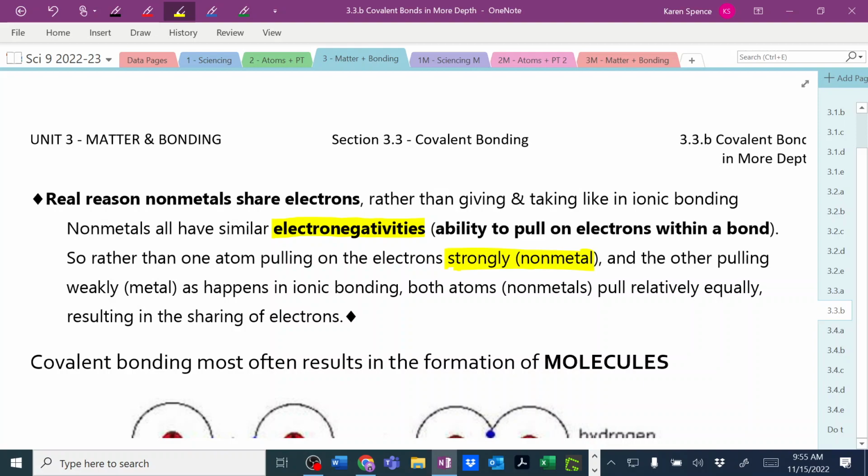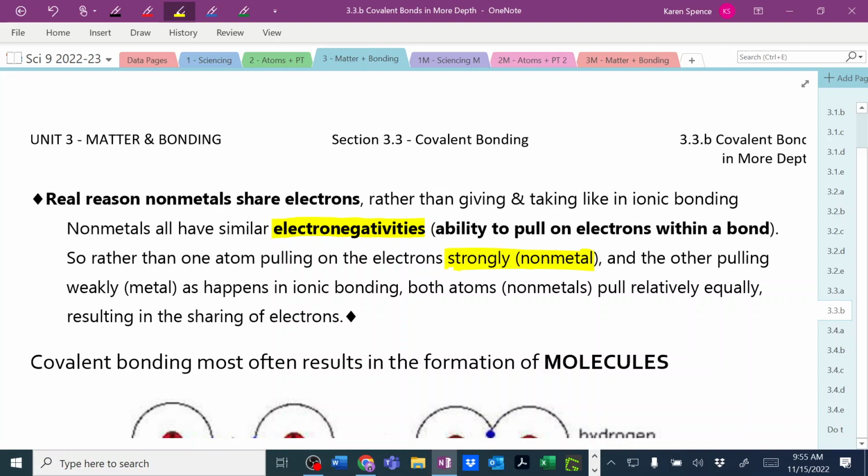Okay, so if he's a non-metal and I'm the metal, we're going to try and grab each other's electrons. You're good at pulling, I'm bad. What charge am I? Positive, and what charge is he? Negative. So that's an ionic bond, okay?